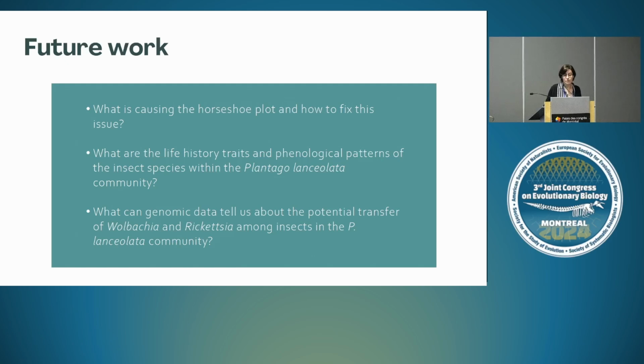I would be very happy to know more about life history traits and also phenological traits of those insects to understand better what's going on in that community and how to connect it with what we found in the microbiome information. And finally, about the host transfer, the horizontal transfer that we observed is just a suggestion because we just based this on 2 markers. So only a whole genome approach would actually tell us if there is a transfer going on in this case.